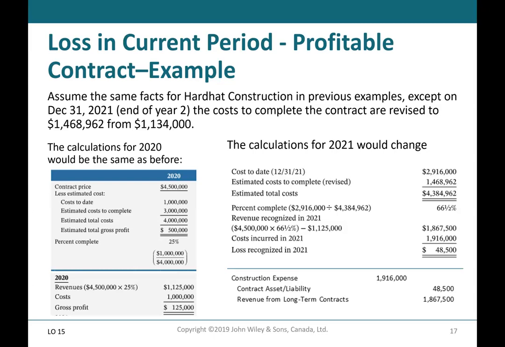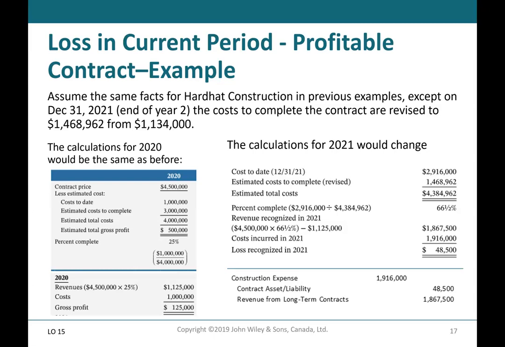So you would have your costs to date, 2,916,000, your estimated cost to complete revised, 1,468,962, estimated total costs, 4,384,962, and your percent complete is 66.5%.